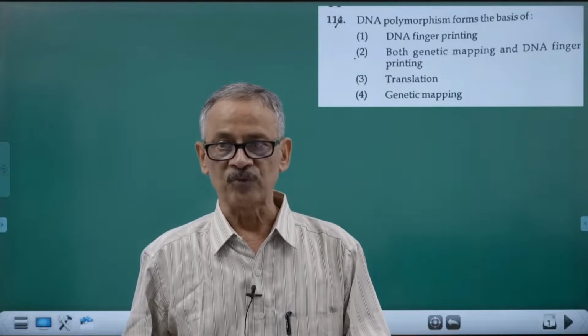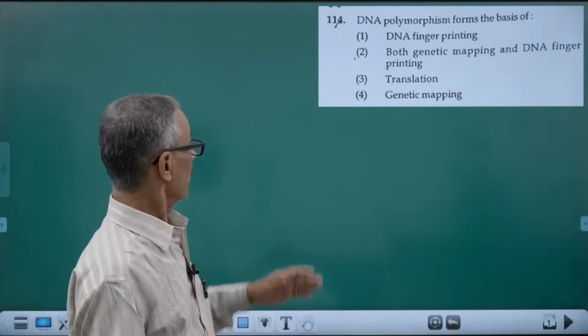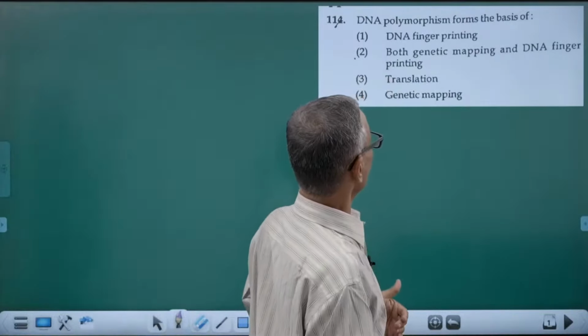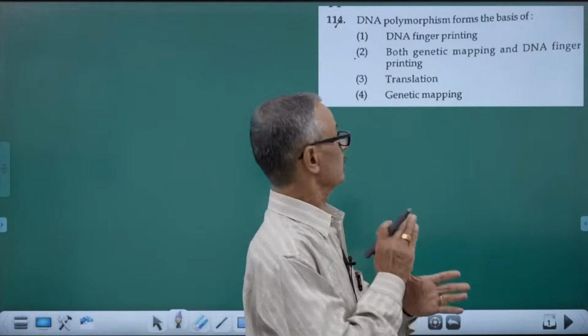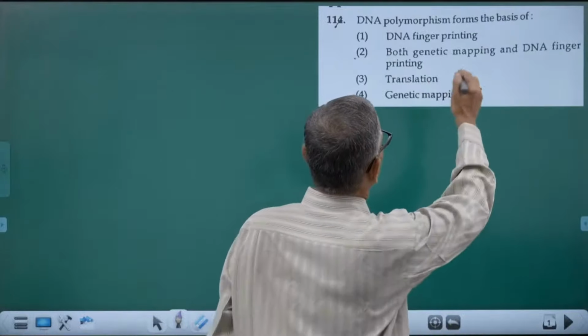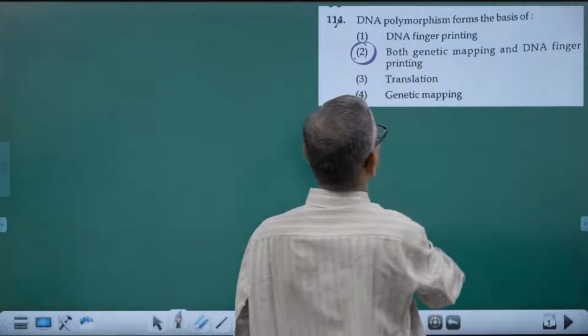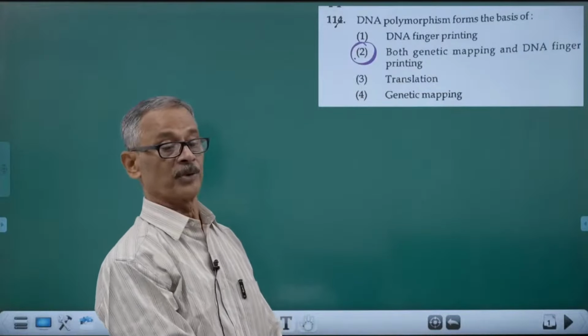The first question from zoology part. Start from question number 114. DNA polymorphism, that is difference at the molecular level, forms the basis of both genetic mapping and DNA fingerprinting.